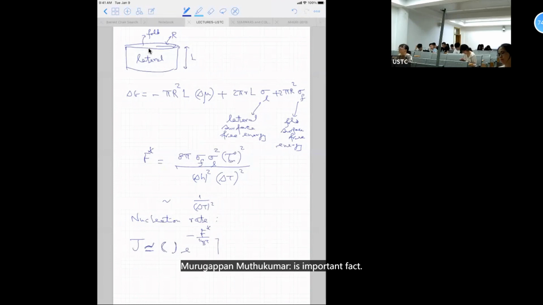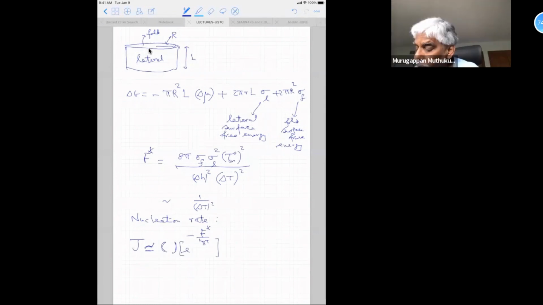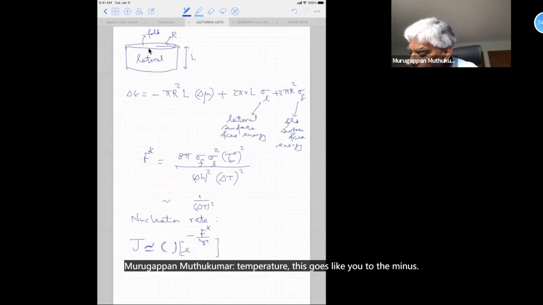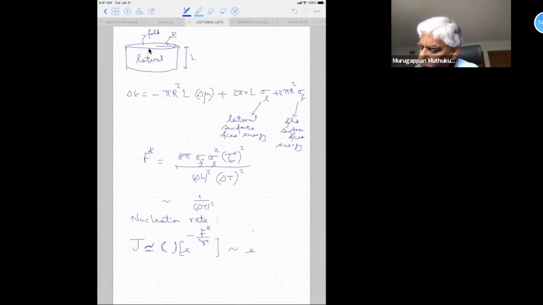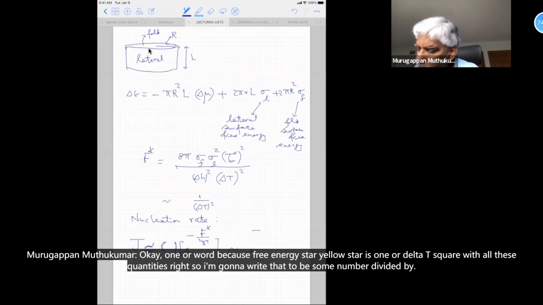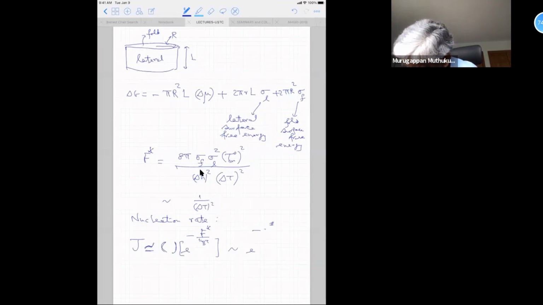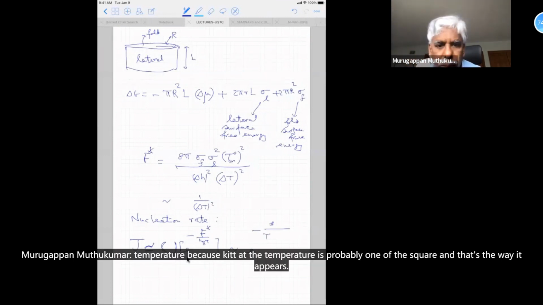This is the important fact. And in terms of temperature, this goes like e to the minus some number divided by temperature, because F star goes like 1 over delta T squared, and that's the way it appears.